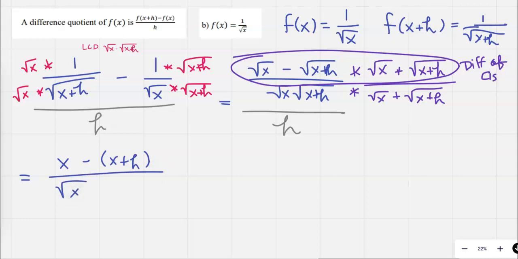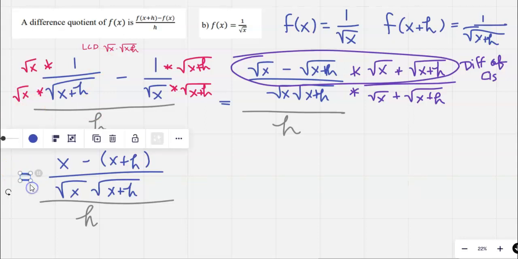And then you have square root of x, square root of x plus h. Oops. Change that color. All over h. Okay. Almost there. Now we have a very nice and clean and very easy on the eyes numerator for this difference quotient.